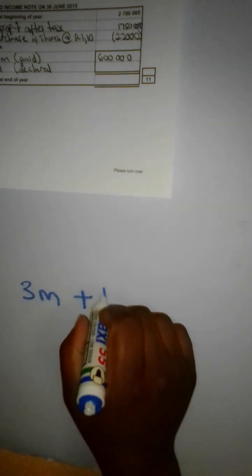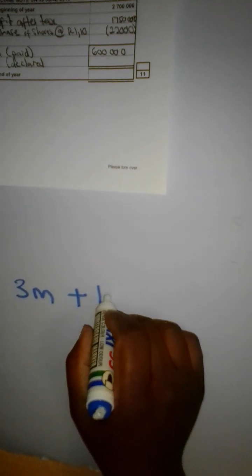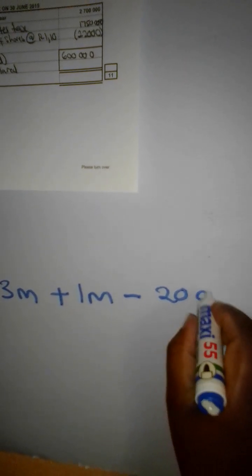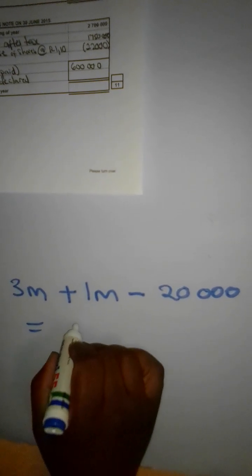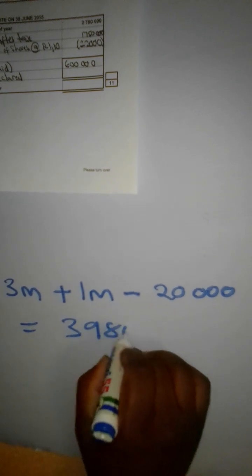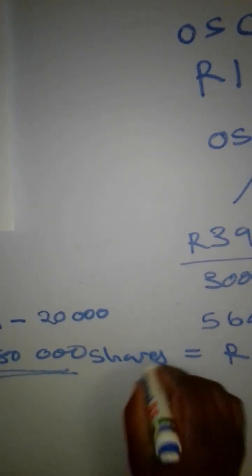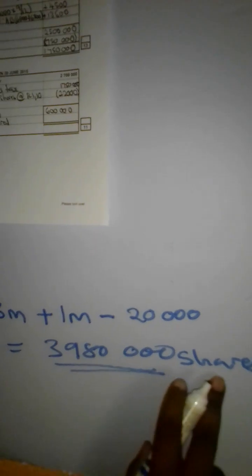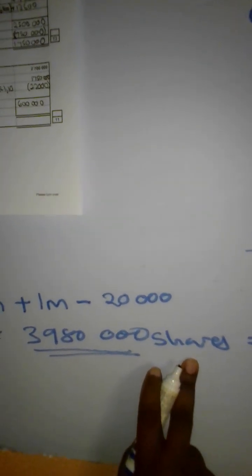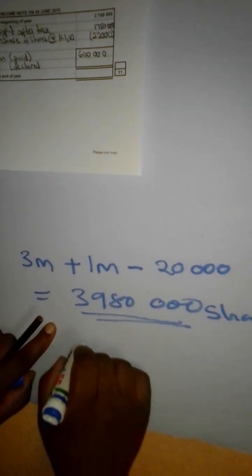We are saying 3 million shares plus 1 million shares minus 20,000 that were repurchased. We will remain with 3,980,000 shares. Okay, so 3,980,000 shares are the ones that are entitled to the final dividend of 22 cents.